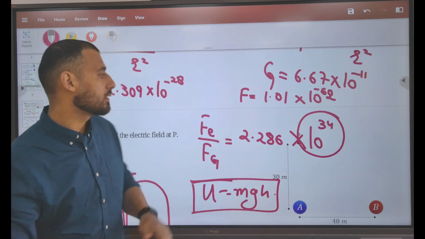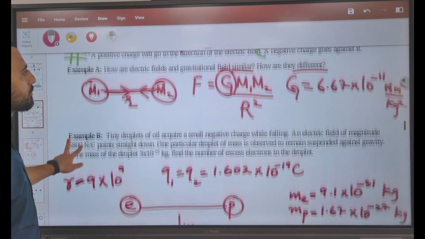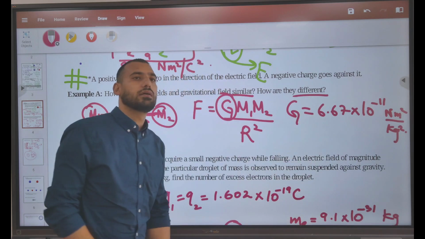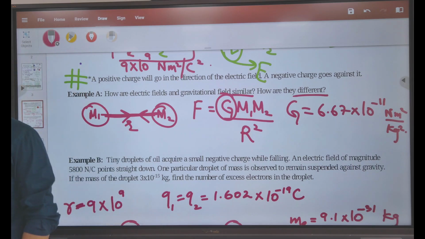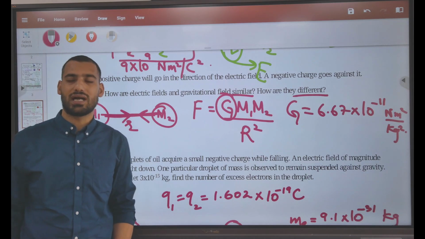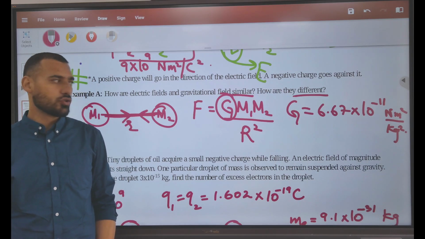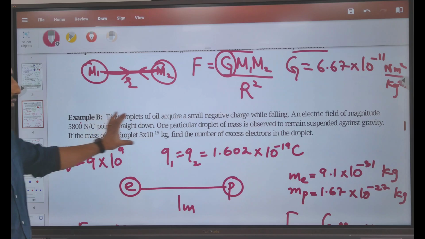Write it down. That's another difference between the two. First was the constant, and the second is that gravitational force is always attractive, while electrostatic force can be attractive as well as repulsive. Is that fine? So from tomorrow we'll be solving some numericals over this, but you can take a picture of this.